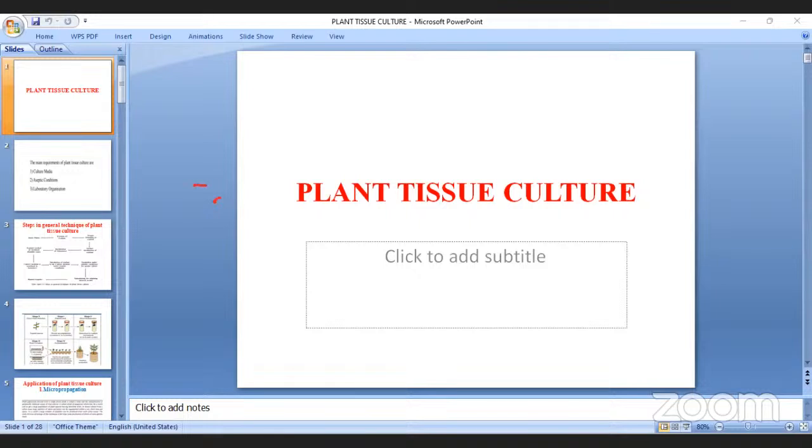The variations generated by the use of the tissue culture cycle are called somaclonal variations. The scientist's name is Larkin.